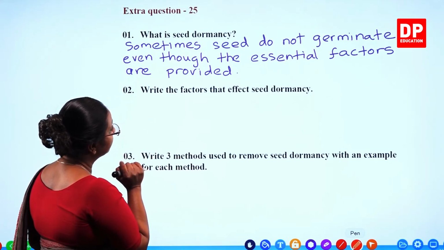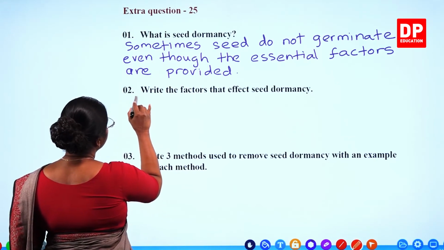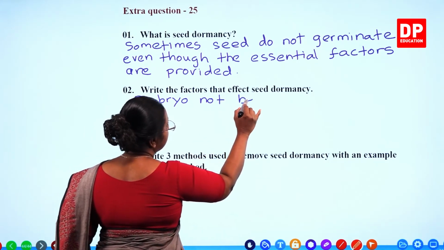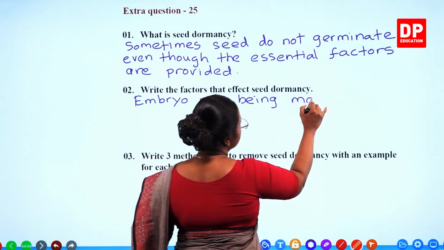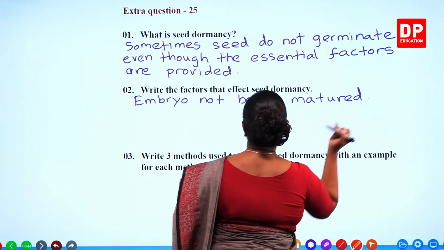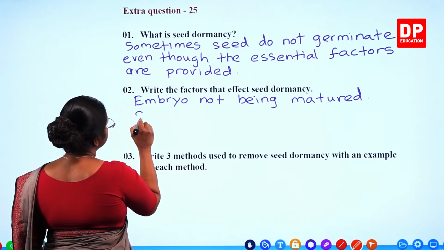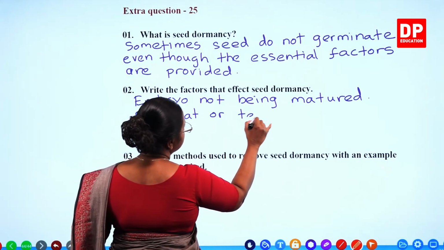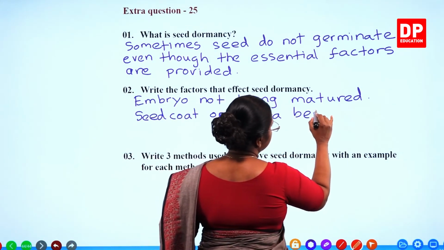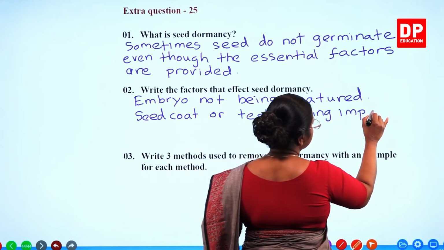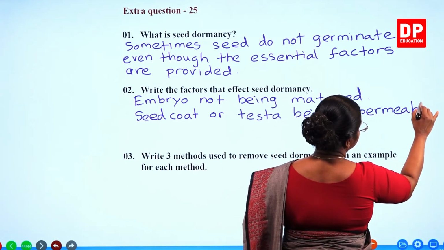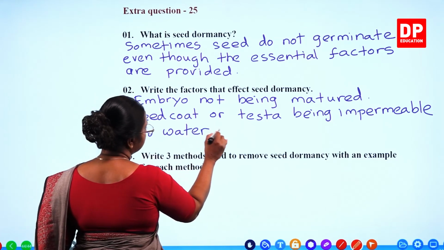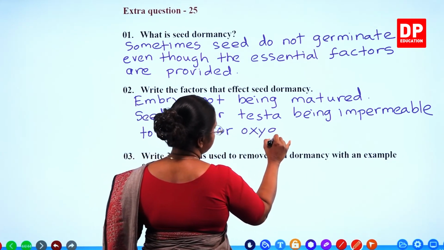So, write the factors that affect seed dormancy. You can say embryo not being matured, seed coat or testa being impermeable to water or oxygen.